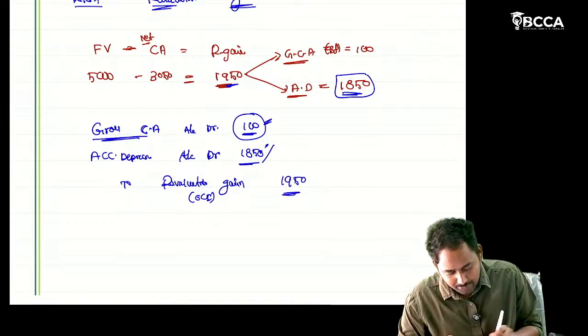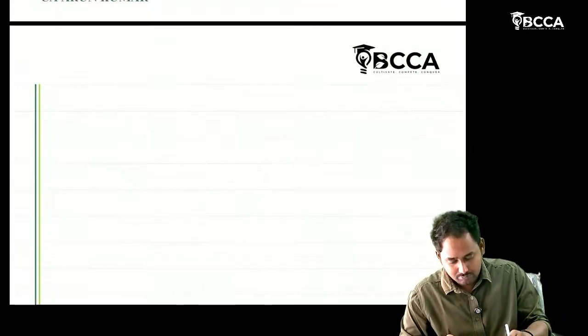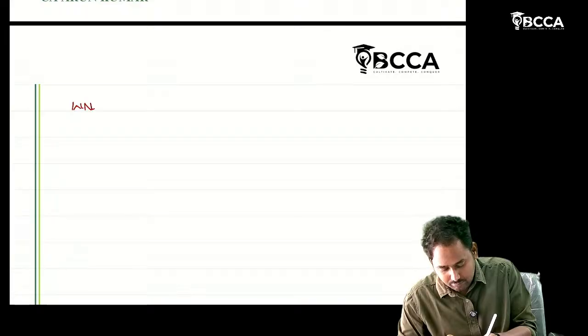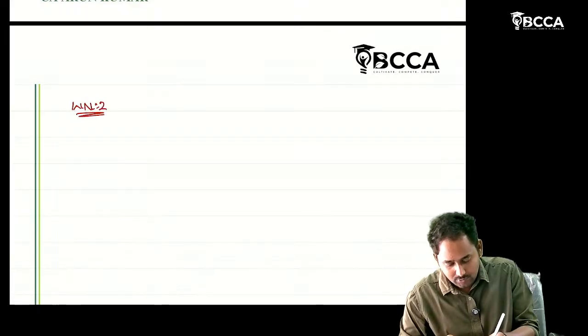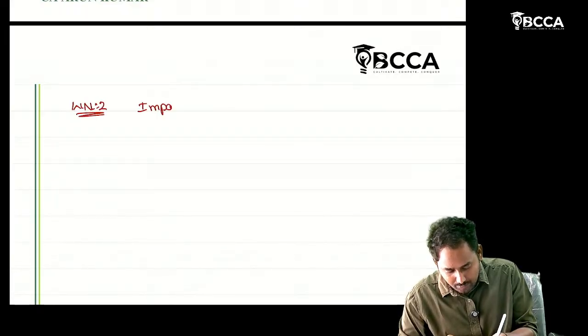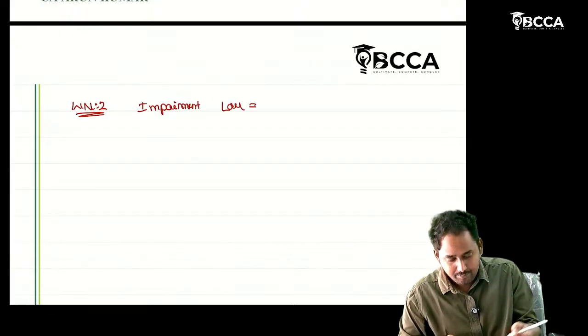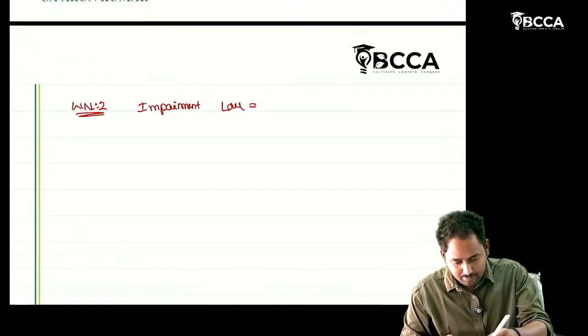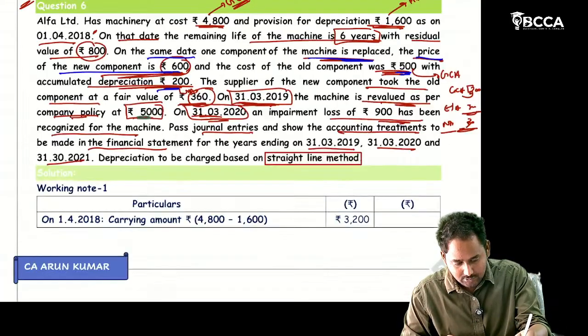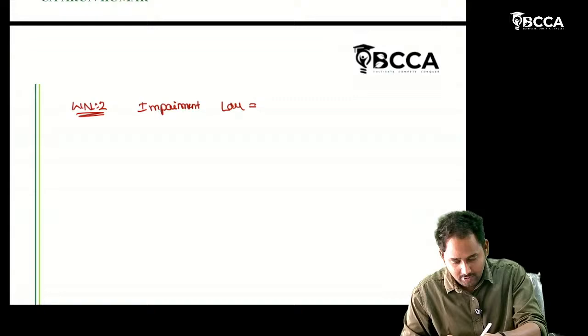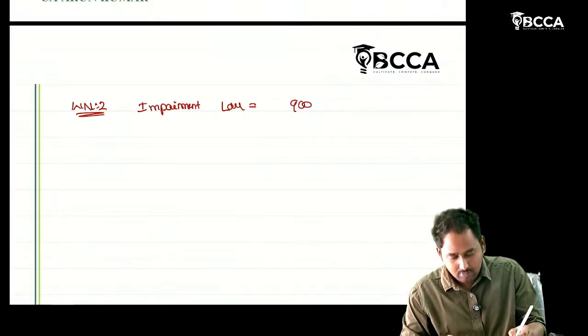Working note number 2. Impairment loss 900.